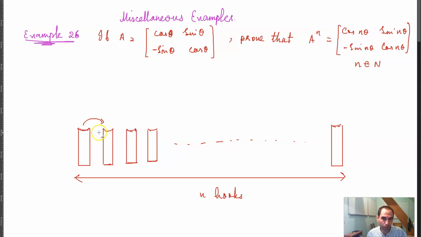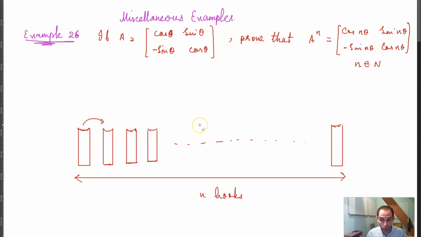The third book will make the fourth book fall over, and so on, until the nth book falls over. That is, of course, provided that the first book falls over, and each book that falls over as a result of that makes the next book fall over.